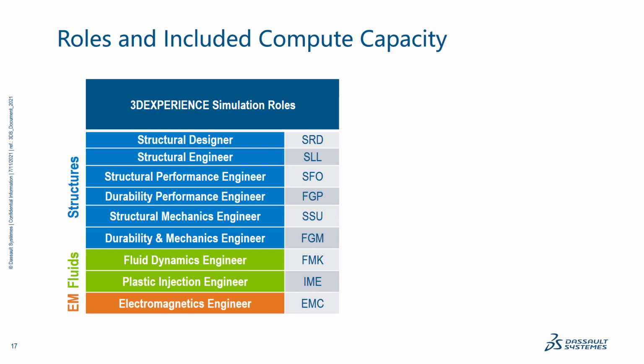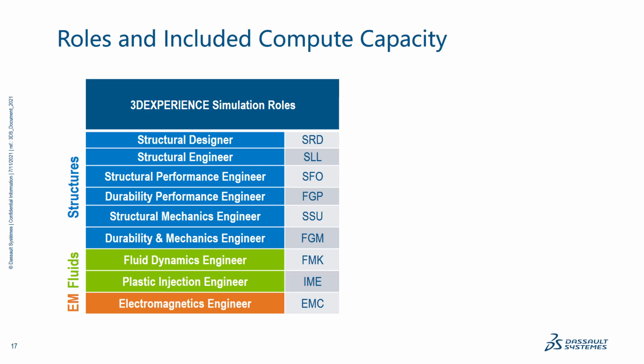The structure engineer then goes a step further. It's still limited to linear simulations, but you have full pre- and post-processing capabilities. Structure performance engineer then advances that by providing capabilities to do nonlinear static and nonlinear dynamic simulations. Then the durability performance engineer enhances that by allowing, in addition, fatigue simulations.